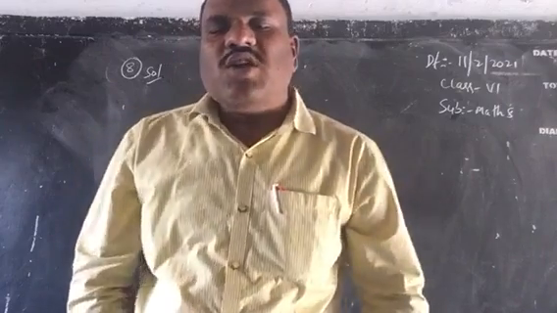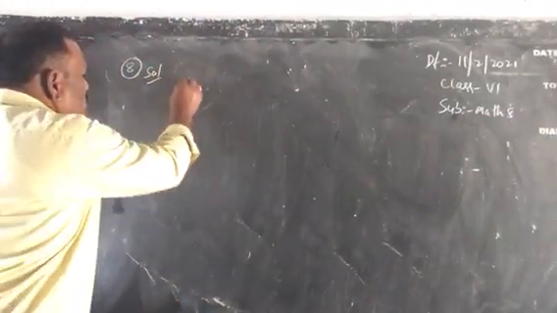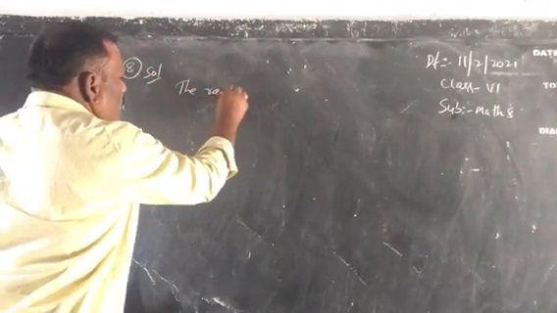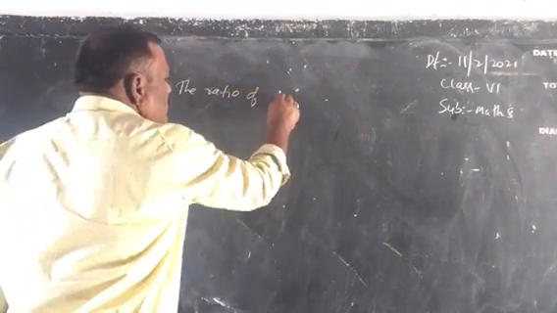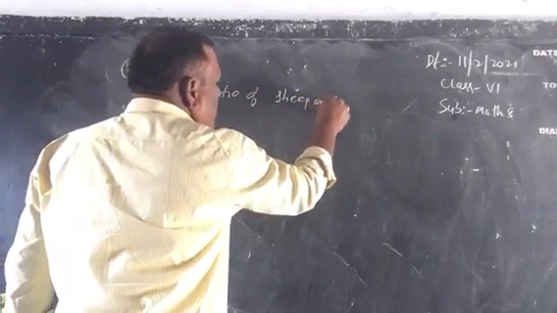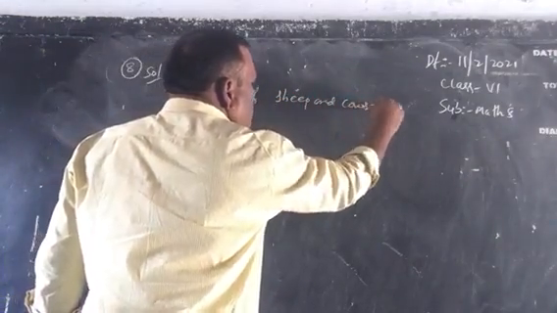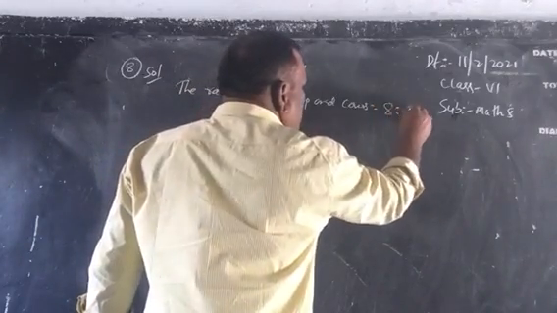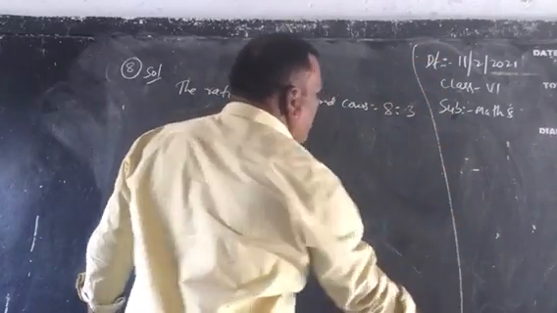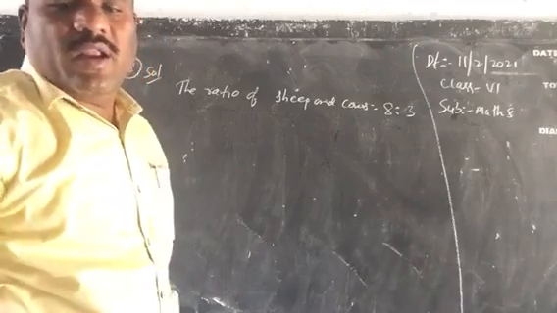The ratio of sheep and cows, children, is 8:3. Yes or not? 8:3.